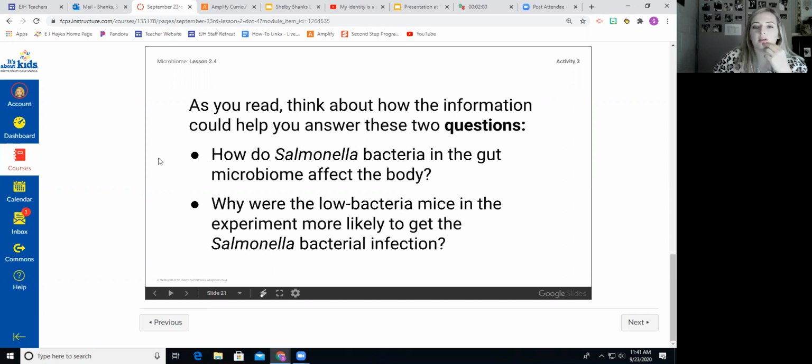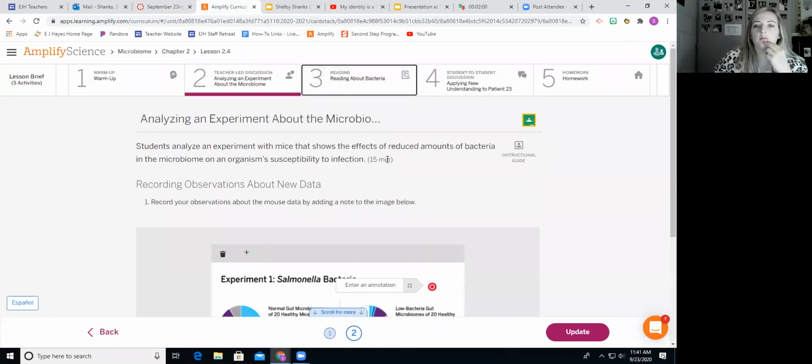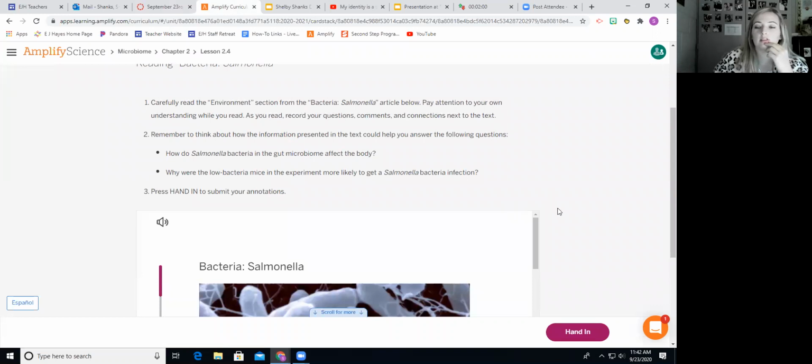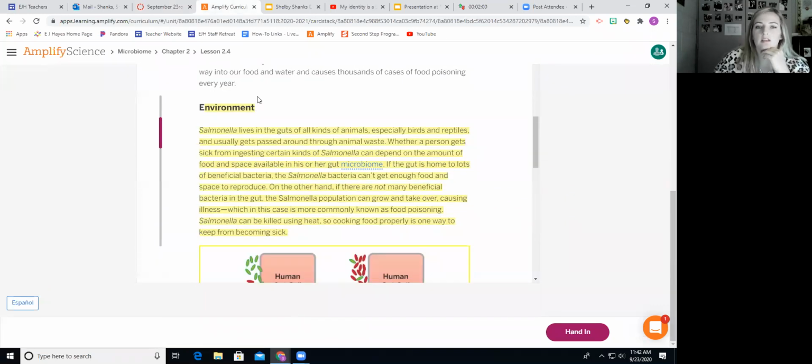And why were the low bacteria mice in the experiment more likely to get the Salmonella bacterial infection? Okay, think about those 2 questions. So you guys can go into Amplify and follow along. I'm going to read the section that we are supposed to read. It starts with the environment. So if you're here, you can follow along with me.